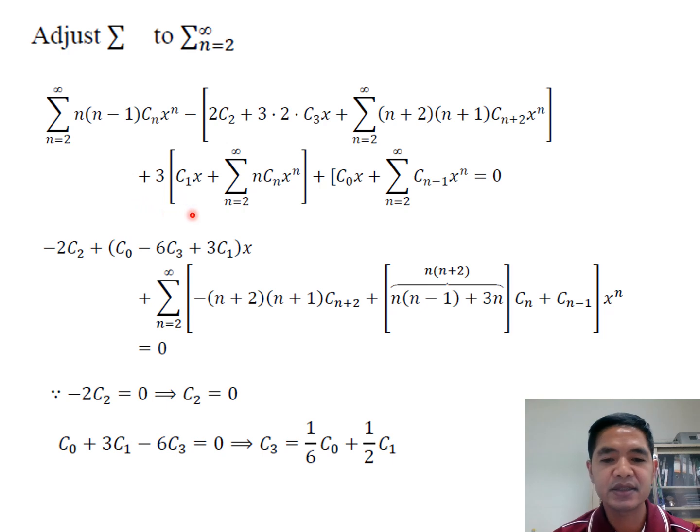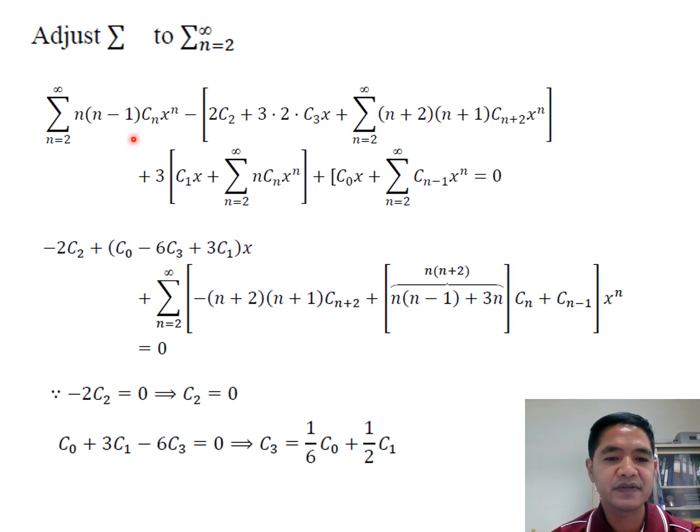And in the third term, n starts from 1, so you substitute just 1 only. Substitute with 1, you get c1 times x. Okay, and when n equal to 2, you just write down here plus, and the fourth term is n equal to 1, so just substitute with n equal to 1 to get c0 times x plus this term.